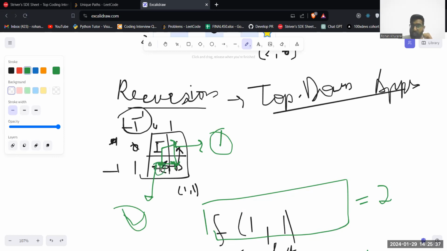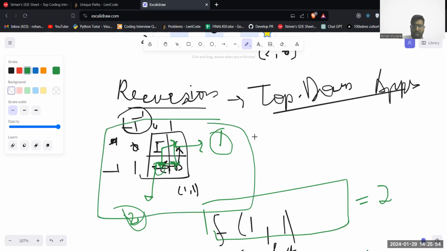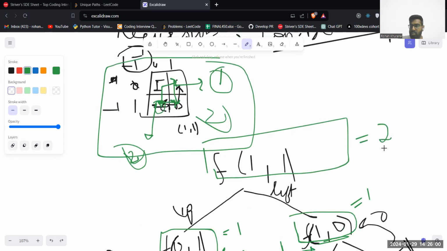Similarly, at this position, we can go down, but again, it is going out of bounds, so that is not a path at the end of the day, right? So we have finally concluded that the answer, if we dry run things, is two. From recursion also, I'm getting two answers. That means I'm somewhere right.